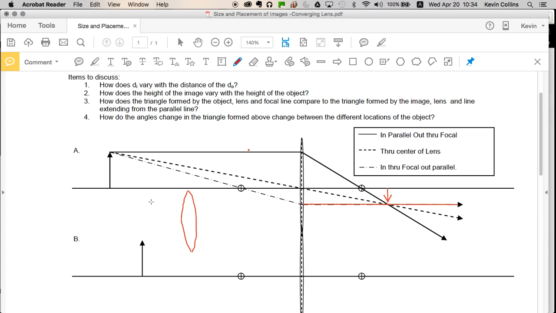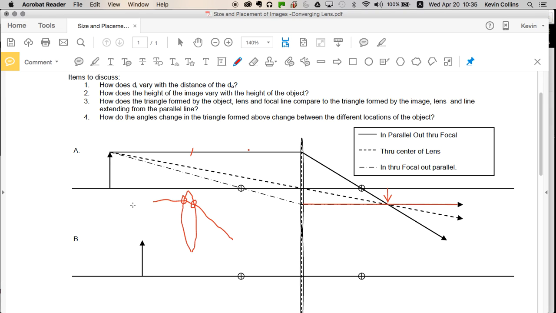In reality, that parallel line, this first line here, is going to come in parallel. When it hits that first boundary, it's going to turn within the lens, and then as it exits the lens, it's going to turn some more. So you get two refractions, here and here.